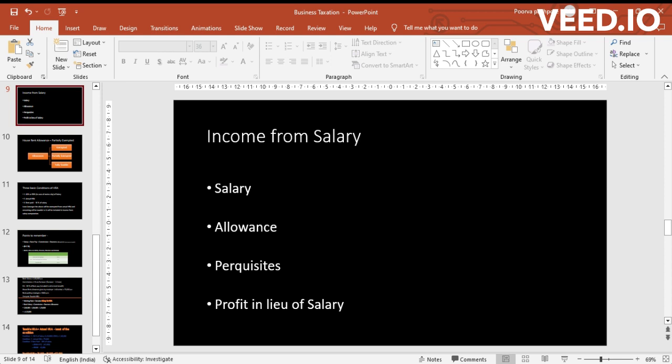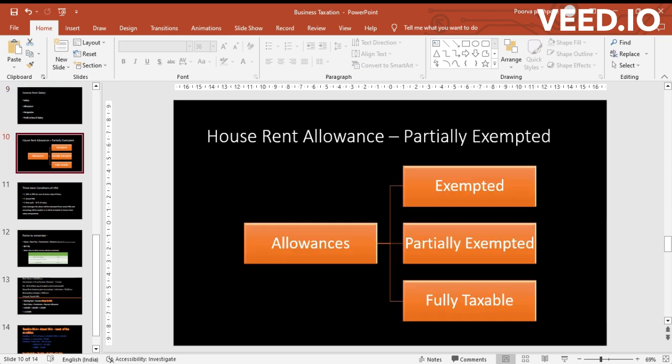So today we are going to see HRA, that is house rent allowance. As we all know, income from salary consists of four parts: salary, allowances, perquisites, and profit in lieu of salary. When it comes to allowances, there are three types.